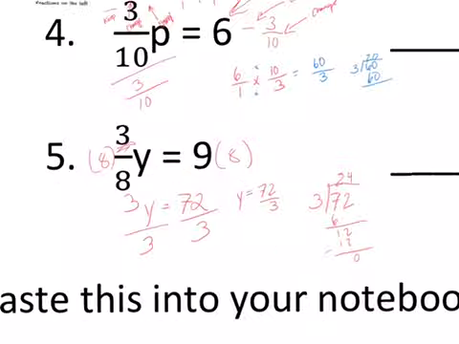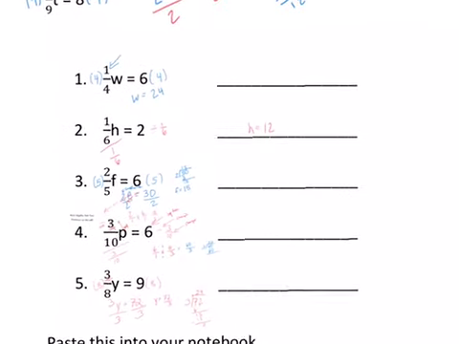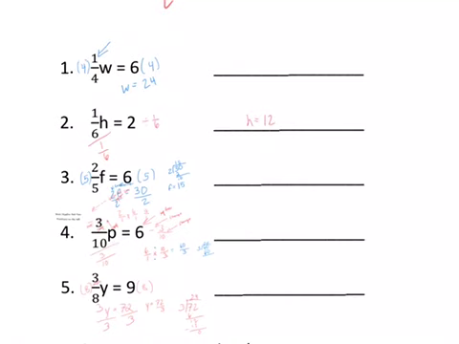Okay? So, let's go through and write these down. I got, for the first one, W equals 24. H for number 2 equals 12. My apologies. I looked at 1/6 and just said 6, but H equals 12.